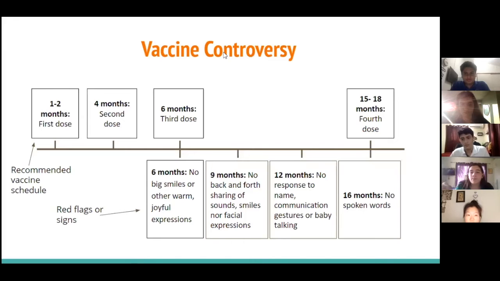And then between the fourth dose, which is between the 15th and 18th month, the child does not speak certain words yet, or at all. So as we can see, because it is around the second or third dose of vaccines that signs start to appear, it was believed that vaccines cause autism, when in reality, as mentioned before, vaccines do not cause autism.